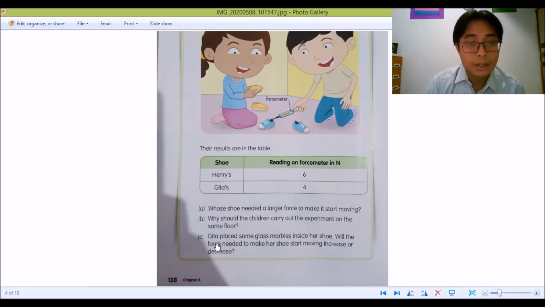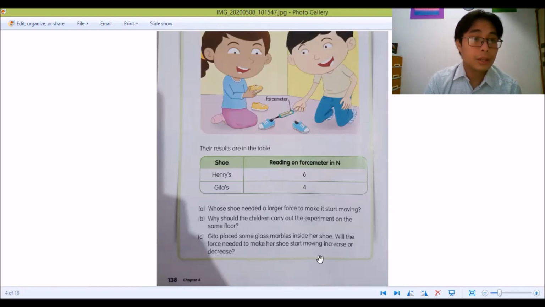Next, letter C, Gita placed some glass marbles inside her shoe. Will the force needed to make her shoe start moving increase or decrease? So what do you think? If we put marbles inside the shoe, what will happen to the pulling force? Will it increase or decrease?